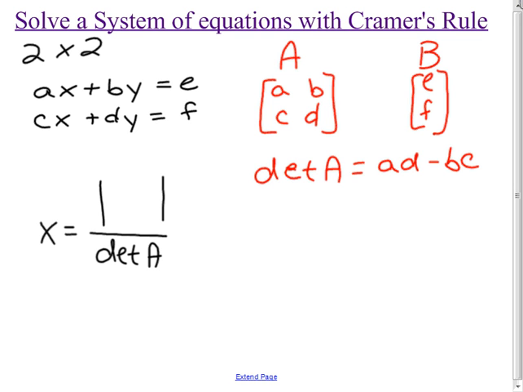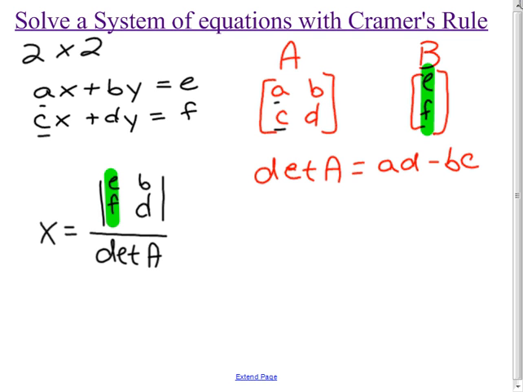Since I'm trying to find x, the x coefficients were A and C. So instead of putting A and C in the x column, I'm going to put my answers. E and F goes in place of the x values. So in that first column is E, F. And then my y column is still my y coefficients, B and D. So that's going to give me the x value in my system of equations.